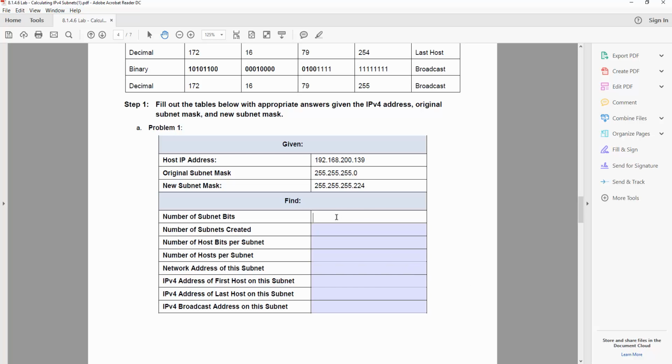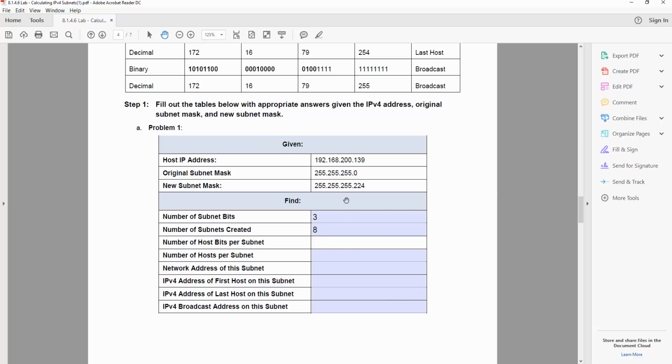So here, how many subnet bits? For 224, 128 plus 64 plus 32 gives us 224, so we're borrowing 3 bits, even though I typed 2. How many subnets does that give us? 8. How you can figure that out is 2 to the power of 3. 2 times 2 times 2 is 8. That's how many subnets we have.